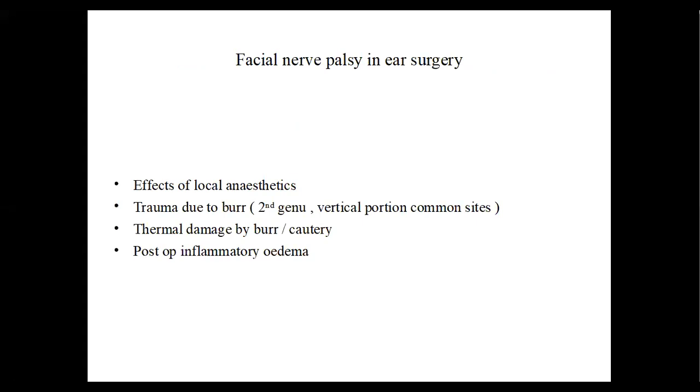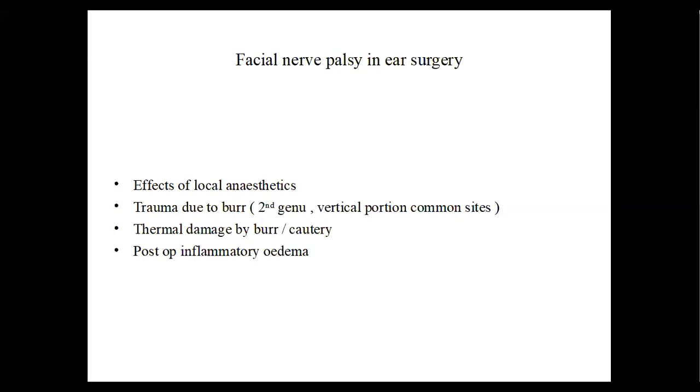Then you can expect certain questions about facial nerve palsy. So what are the various causes or factors which cause facial nerve palsy in a patient undergoing ear surgery? The commonly encountered condition all of you must be aware of is use of local anesthesia. If you're giving a local anesthesia inadvertently directly onto the facial nerve, you can expect injury to the facial nerve.